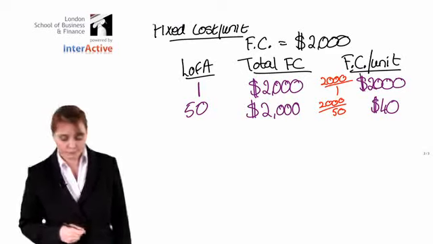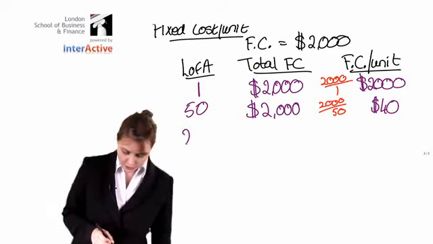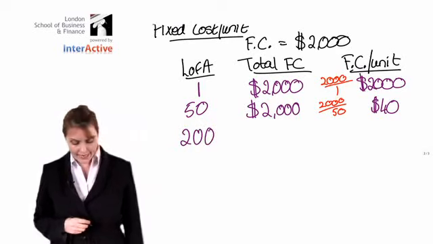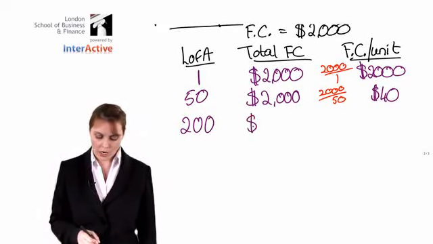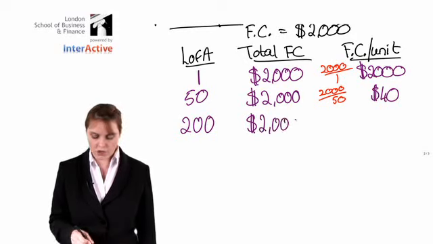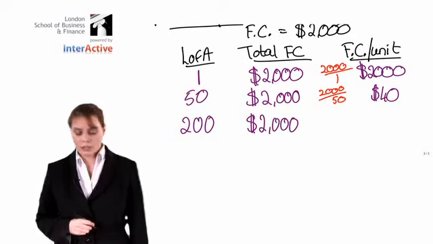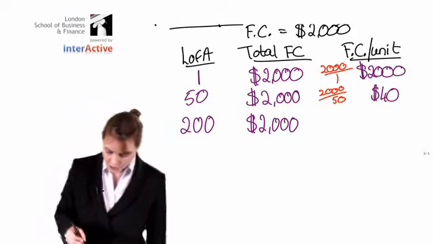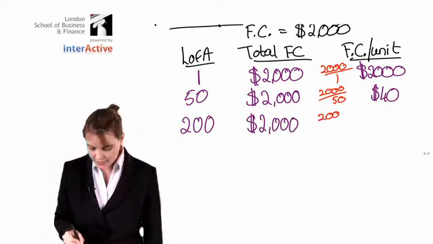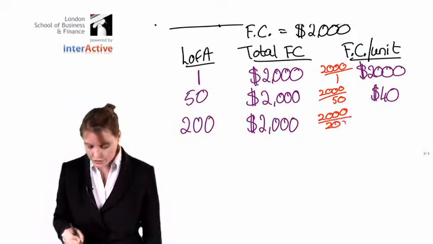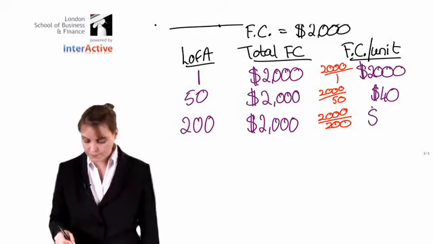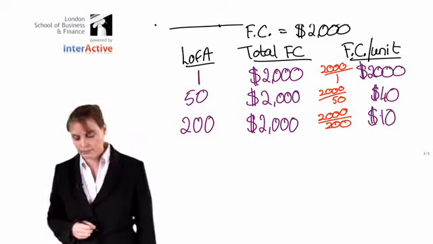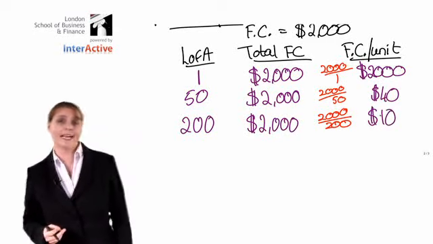Let's do one more. If we increase our level of activity again to 200 units, total fixed costs will remain unchanged, and our fixed cost per unit will be 2,000 divided by 200. So we get 10. So can you see the pattern then?